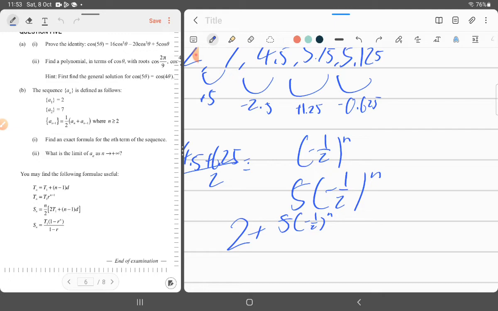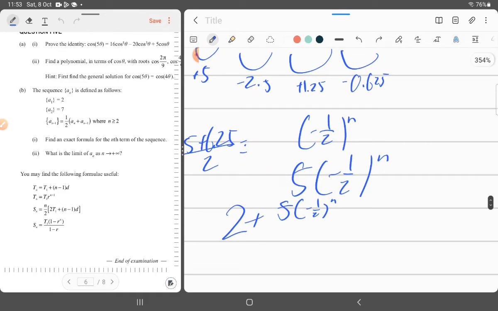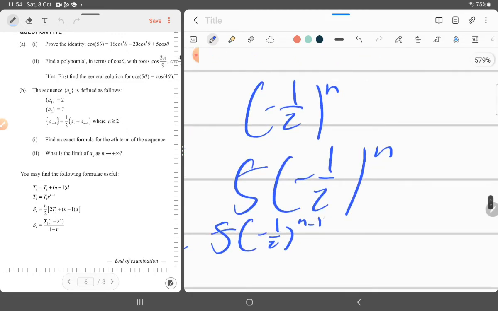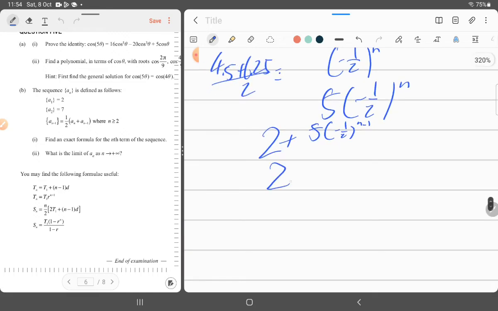No, but we want the first term to be 0. We want the first term to be 0, so 2 plus 5, right? I think it's 5 brackets 1, take away half, take away 1, then that creates 0.